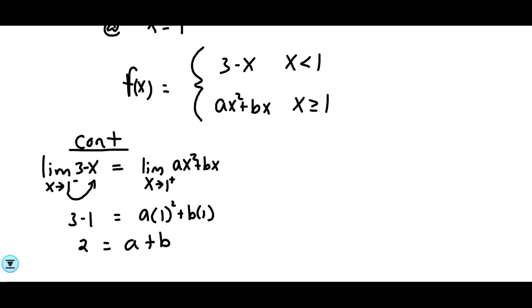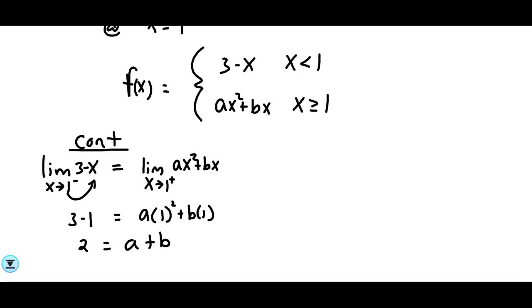Now that doesn't tell me what a and b are, but it does tell me something about a and b. Whatever those numbers are, when you add them together, they have to equal 2. So I know that much. But we have a little bit more work to do now, because once again, I don't just want a and b. I don't want this function to just be continuous. I want it to be differentiable. And in order for it to be differentiable, it does need to be continuous, but we need something a little bit more.